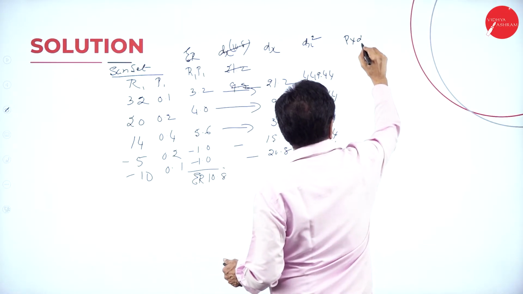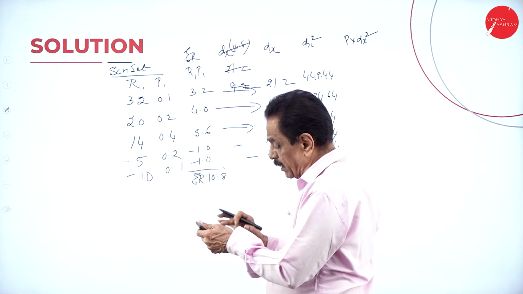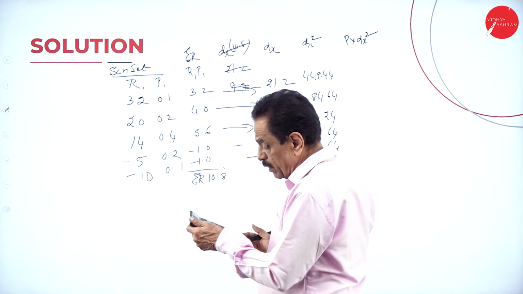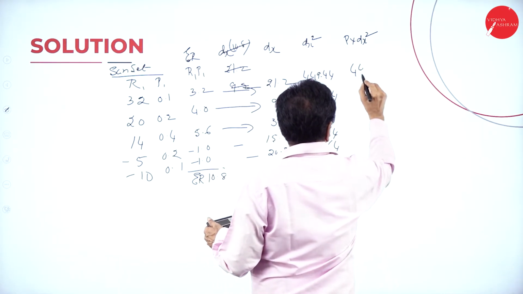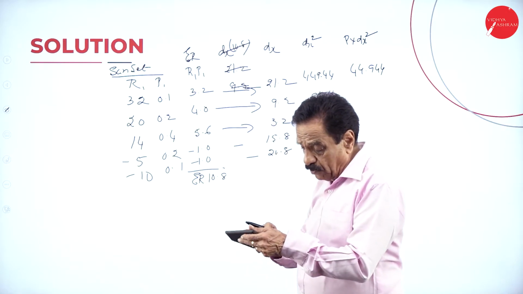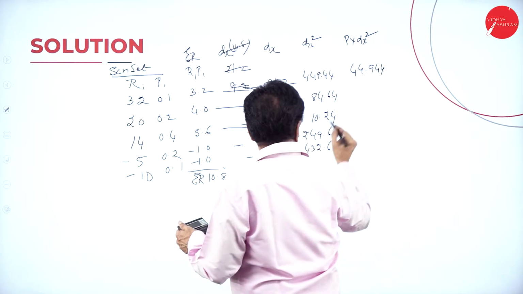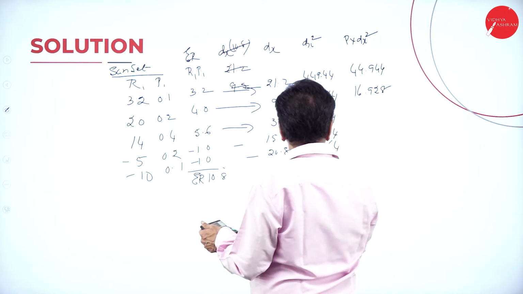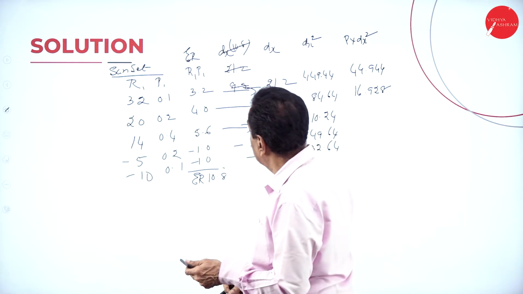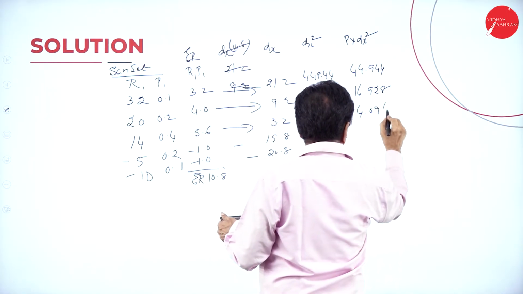Multiplied by p into dx square, multiplied by probability. 449.44 into 0.1, 44.944. 84.64 into 0.2, 16.928. 10.24 into 0.4, 4.096.